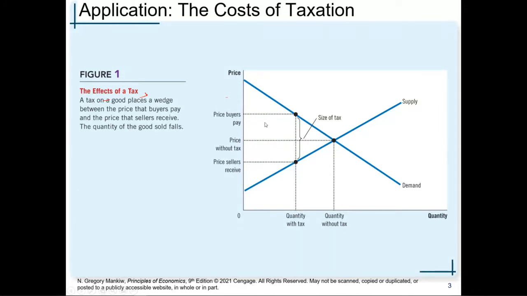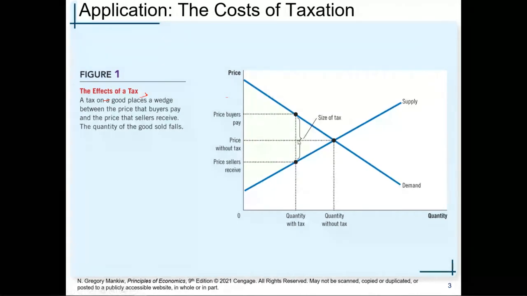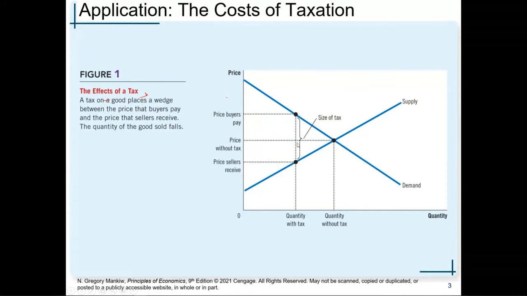The buyer would pay half of it, and the seller would pay the other half. So let's say it's a $1 tax. The distance between these two points is going to represent $1. But from the price without tax to here is going to be 50 cents, and from the price without tax to what the consumer is willing to pay, the difference is also 50 cents.